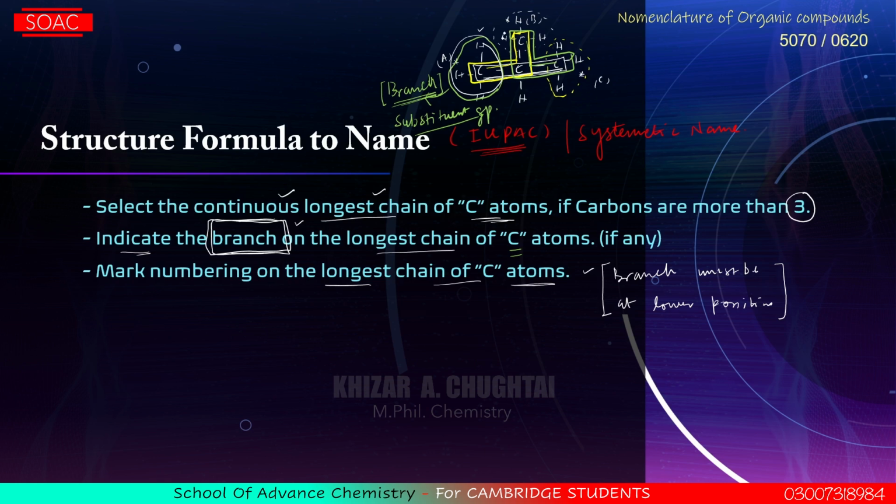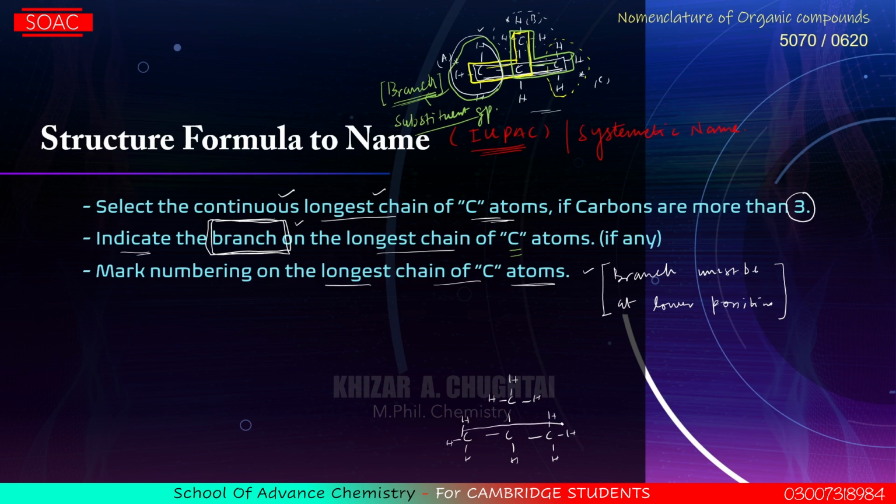In this example, I'm going to write it again over here. For example, this is the molecule which is supposed to be converted into its name. We are supposed to write its name, and here it is. I'm taking it straight away.